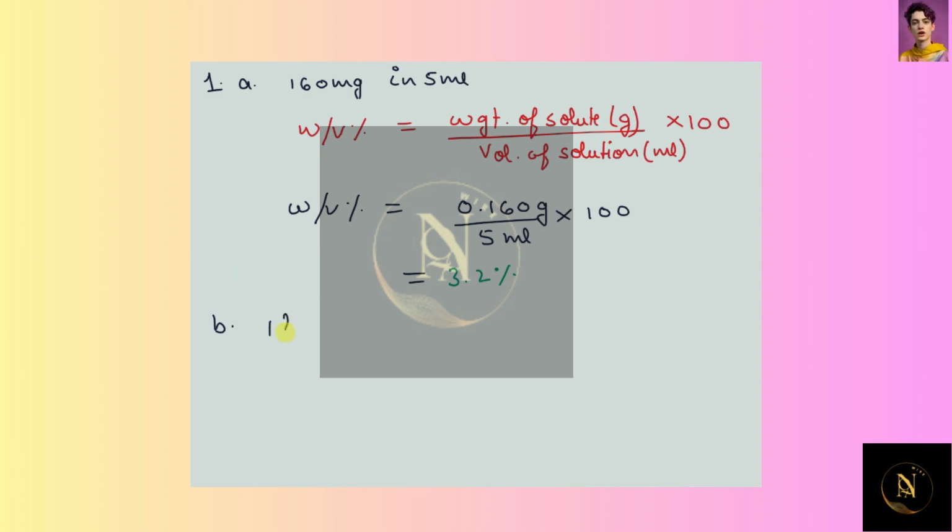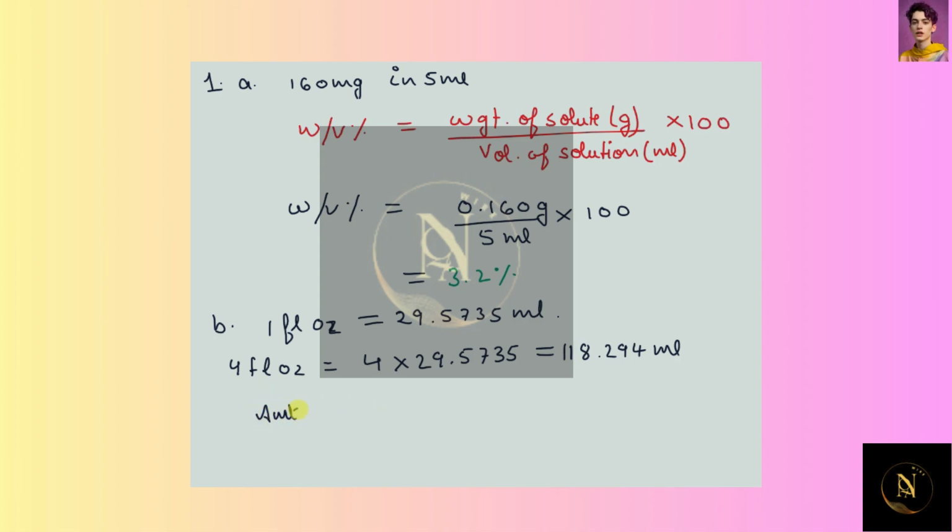Since 1 FL OZ is equivalent to 29.5735 ml, the 4 FL OZ is equal to 4 into 29.5735 ml, which is equal to 118.294 ml.